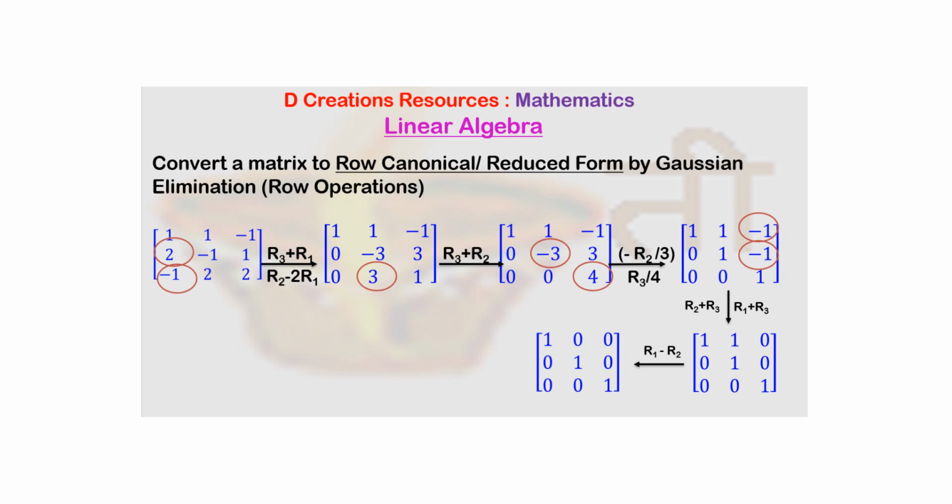Then there are some more entries. Of course there is this 1 which you will need to make as 0, and in the third column these two entries also you will have to make equal to 0. So simply if you add R3 to R2 as well as to R1, life is going to be simpler.